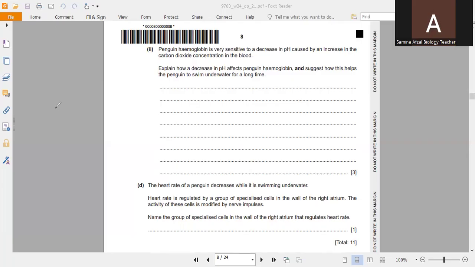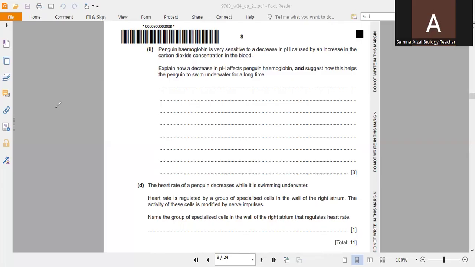Hemoglobin is the protein in red blood cells which is responsible for carrying oxygen from the lungs to the body's tissues. So we can say that penguin hemoglobin is very sensitive to a decrease in pH. A decrease in pH means the hydrogen ion concentration is increased, which causes a significant change in hemoglobin's properties.